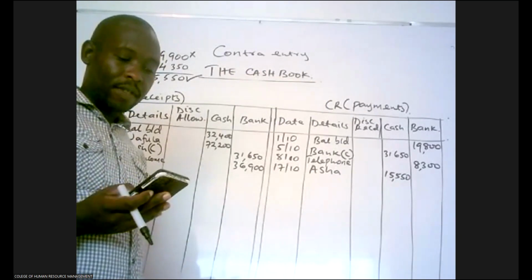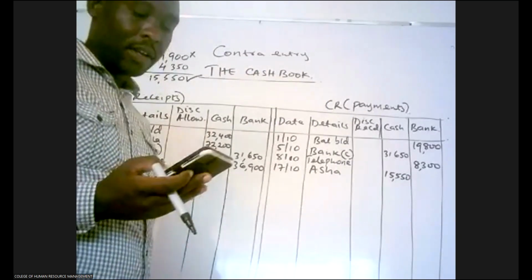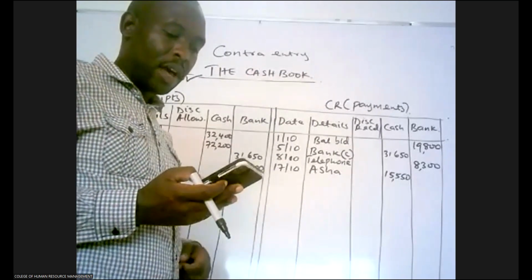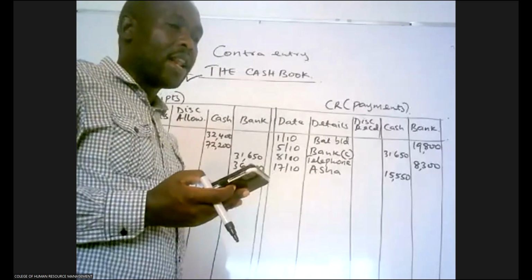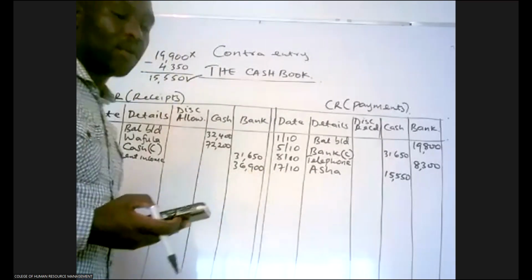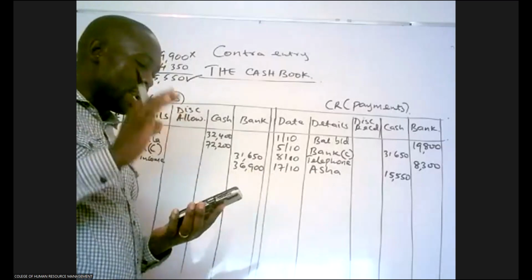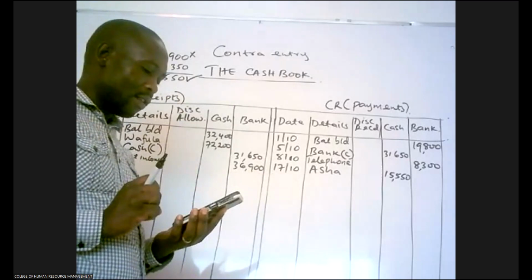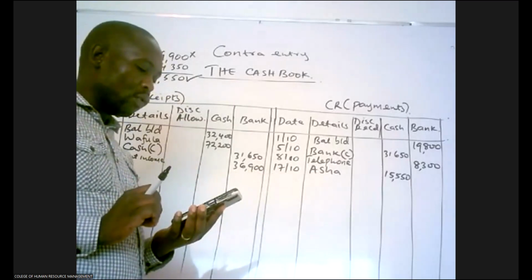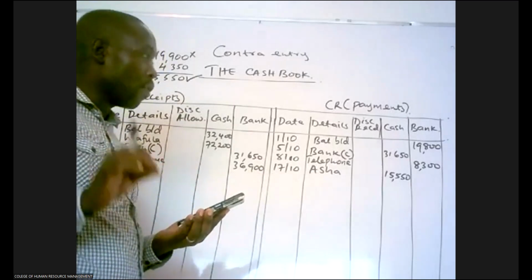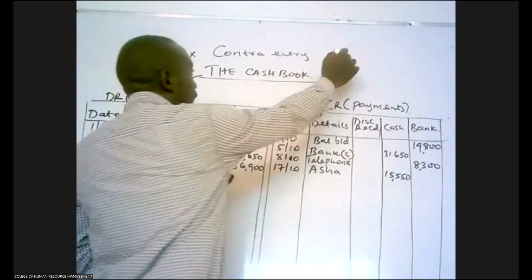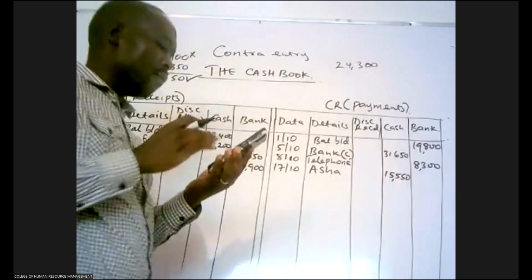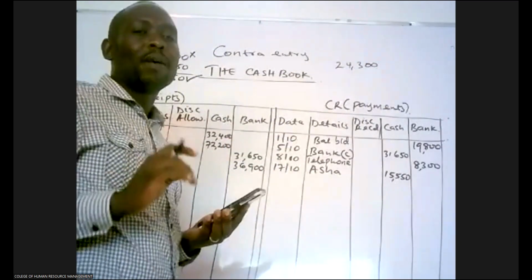Now we go to 27th. Received in cash form, the amount due from Ole Secundo less 2% discount. So for Ole Secundo, you must go back. There must be a date we bought goods on credit from the person, and that is on 14th, whereby we sold goods to Ole Secundo worth 24,300. So what we were supposed to receive is 24,300, but here we have been told we less 2% discount.